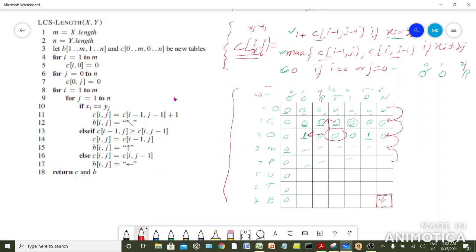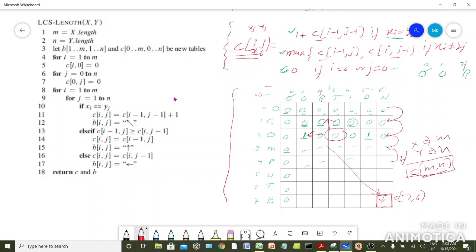So by pursuing this, we reach the entry C of 7 and 6. Or you can say if x was of length m and y was of length n, then the entry m and n is going to give you the final answer, that is the length of the longest common subsequence.